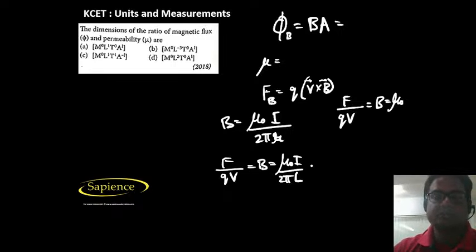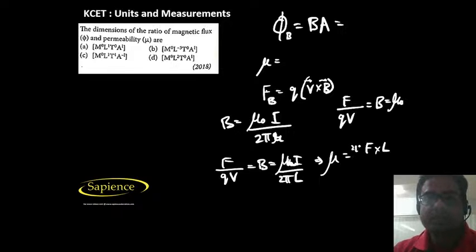Therefore, instead of mu naught, I can write mu also. So mu is equal to force into length into 2 pi divided by I into q into v.